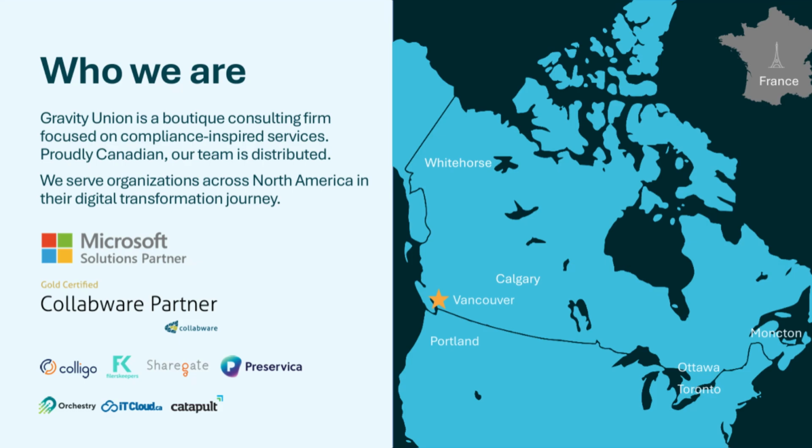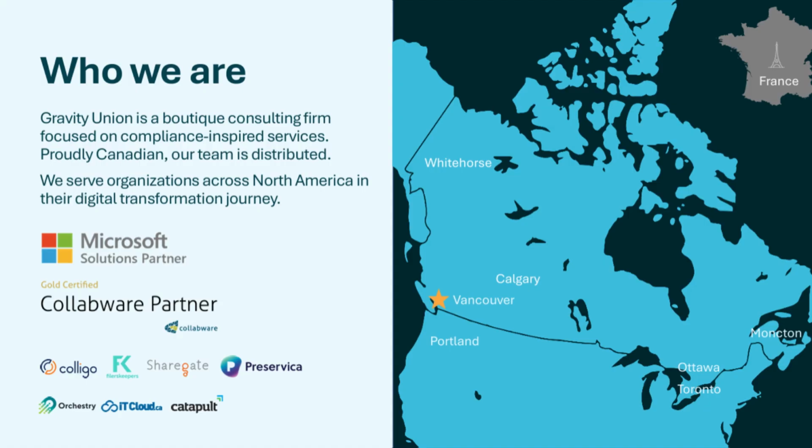Just in case you don't know anything about Gravity Union, here's our overview slide. We do work across North America. We have a mostly Canadian team across 4 time zones. I'm actually way over in Atlantic Canada, outside Moncton, and a lot of our team is based in Vancouver as well. We are a Microsoft partner, so the design tips and information I'll be sharing today will be focused on M365, specifically around SharePoint.